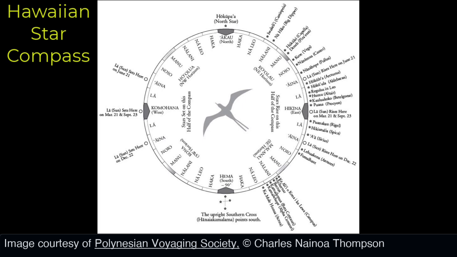One way of helping to organize this information is the Hawaiian Star Compass, which divides the sky into 8 families of stars occupying 32 houses. The houses indicate the position of stars rising and setting at the horizon. Knowing which star houses are rising and setting means that you're able to chart a course from your starting point to a specific destination.